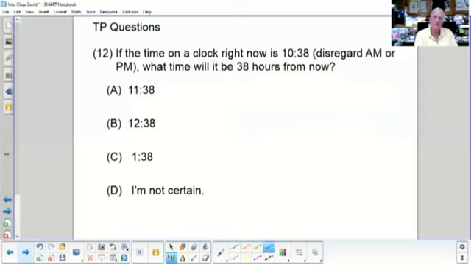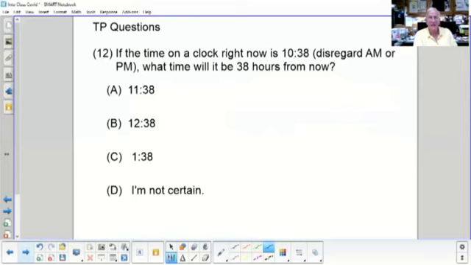How about another 12 hours going by? So if 24 hours have gone by, the time is still 10:38 again, right? If we go another 12 hours, we're back again to 10:38, right?